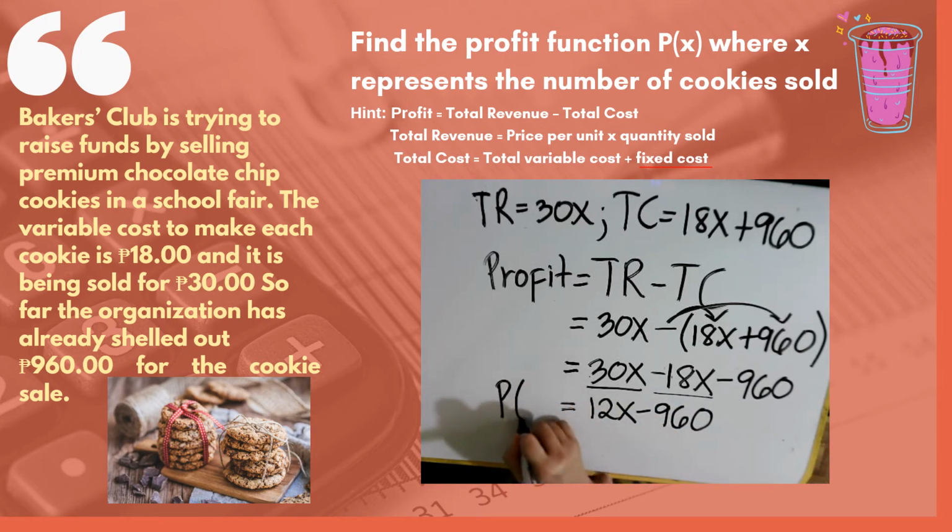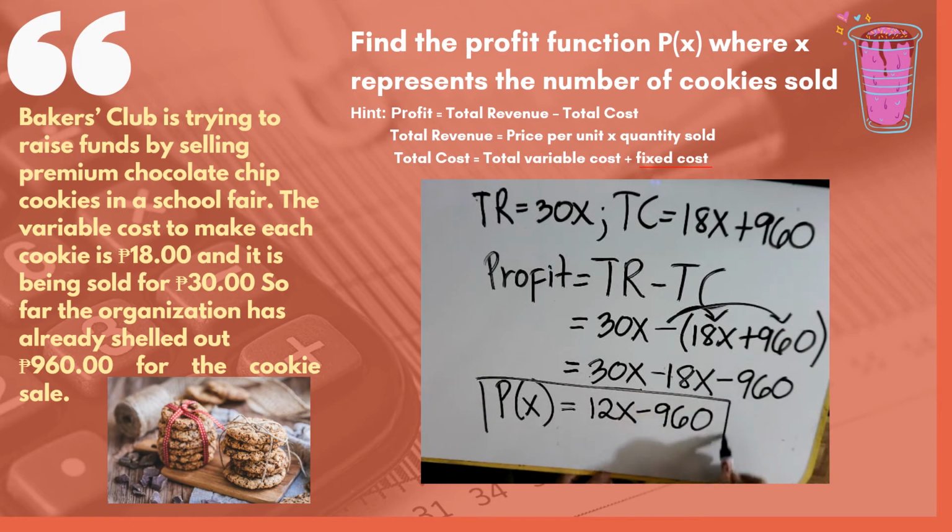Yan na ngayon ang ating profit function na P of X. Ito na ngayon ang pinaka-function upang malaman, depende sa bilang ng cookies na mabibenta, kung magkano ang kikitain at kung kumita ba talaga o hindi.